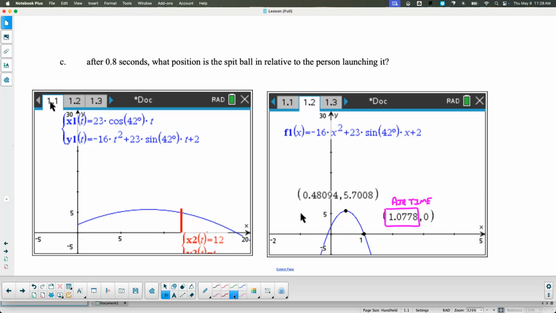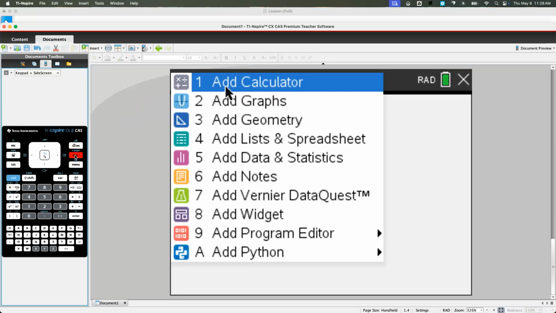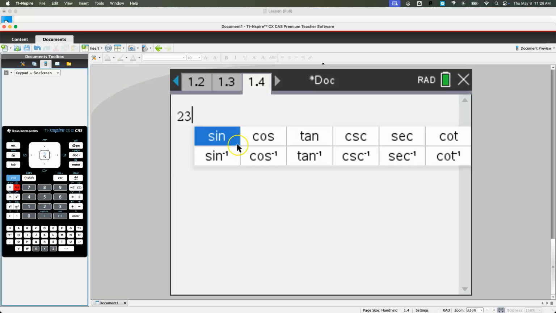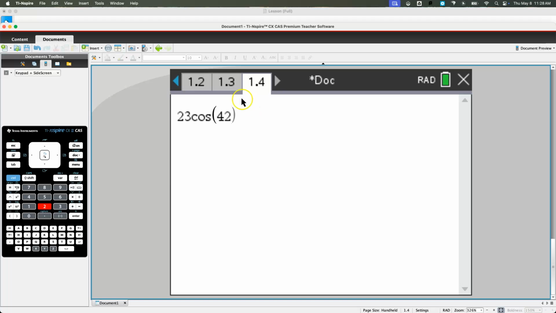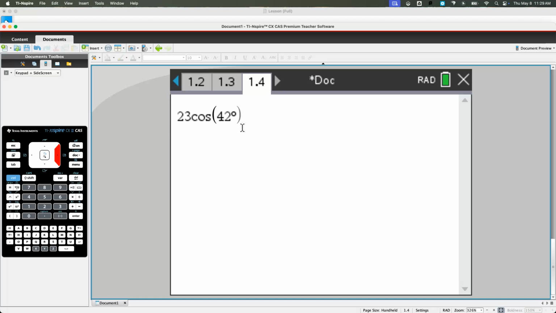All right. And then lastly, we have to figure out what the position is after 0.8 seconds. So that would be 23 cosine of 42 degrees times 0.8.